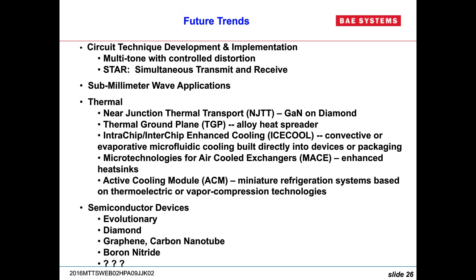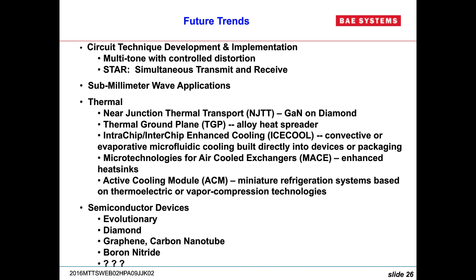Now, where are we going in terms of future trends? Well, I'm going to jump down to the bottom first and talk about semiconductor devices. It's going to be evolutionary. The basic research funding in universities and government labs has gone down in the level of funding that's there.